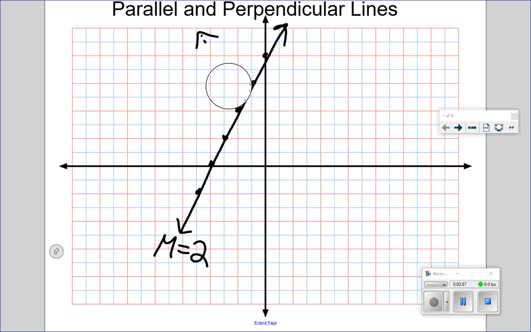The other thing that we might want to try is 1/2. So instead of 2, let's look at the reciprocal. Maybe a slope of 1/2 would work. So I'll pick a point to start with to draw another line, I'll pick this point, that way we know we're crisscrossing with that line.